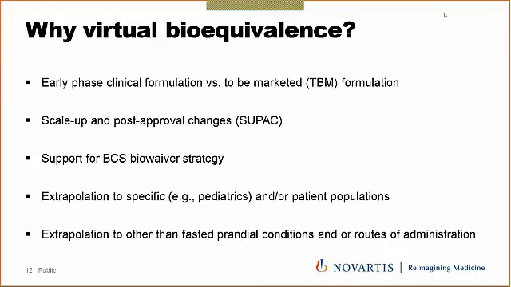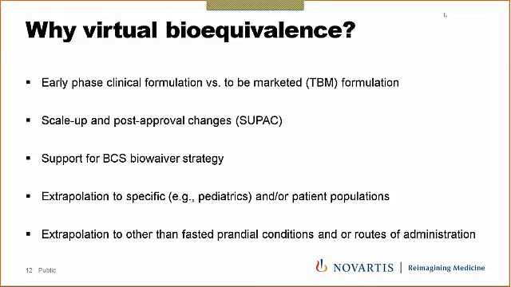For example, when we want to switch between different formulations, from an early phase formulation to a final market image, or for scale-up and post-approval changes to support biowaiver strategies, and of course to explore a possible extrapolation of bioequivalence results to specific populations, be it pediatrics or patient populations, for example in oncology.